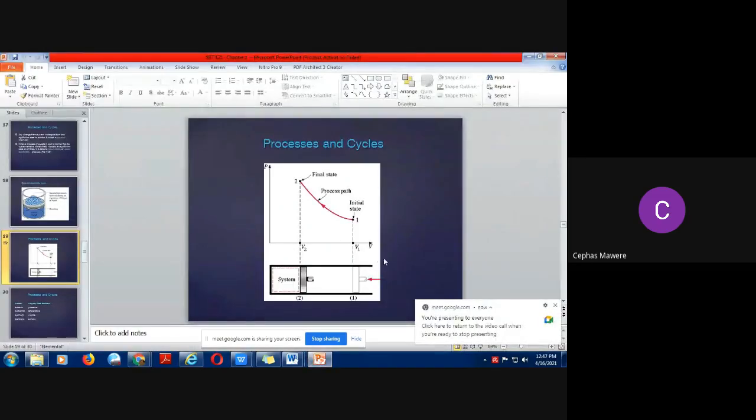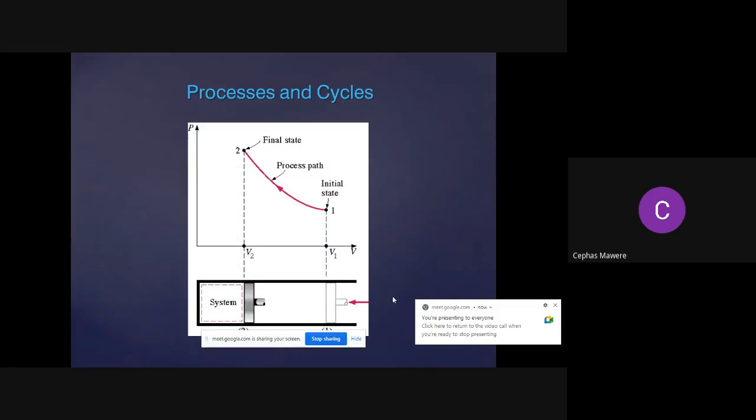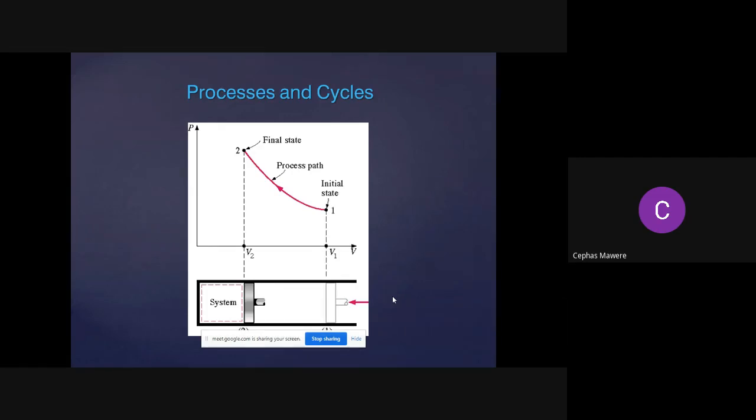The path taken by the system from one state to the other is what we call a process. So if we are decreasing the volume of a gas by compressing the gas in a container, and we reduce the volume from volume 1 to volume 2, what is happening between the volume 1 state and the volume 2 state is what we call a process.